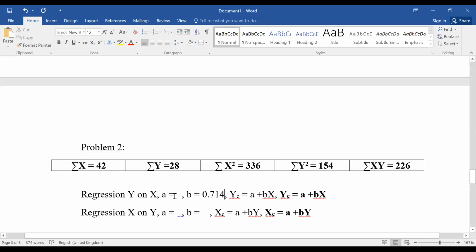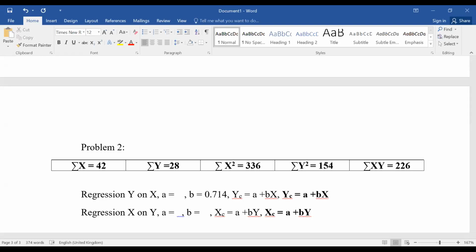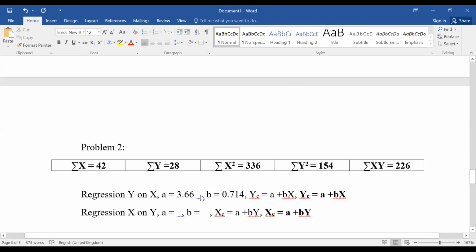Which one is correct, guys? 0.714 or minus 0.214? B value. A value 3.6 they have given. 0.714 only. Okay. I think Harish, please check your answer. 0.714 only, you will get the B value. Please cross check.